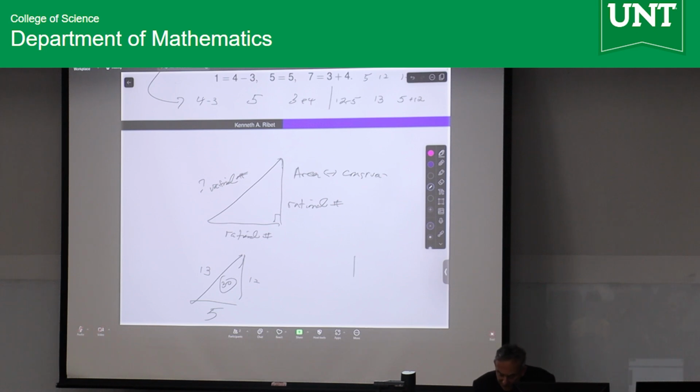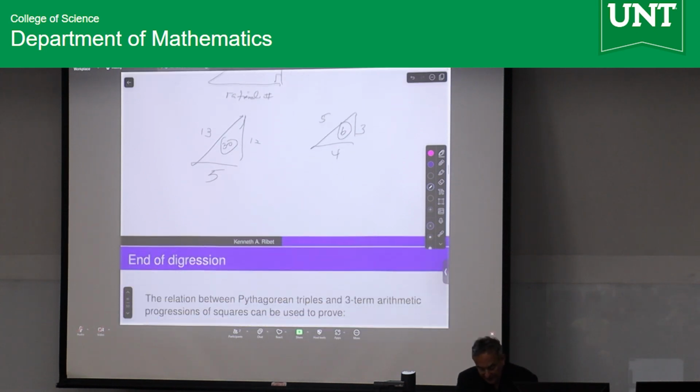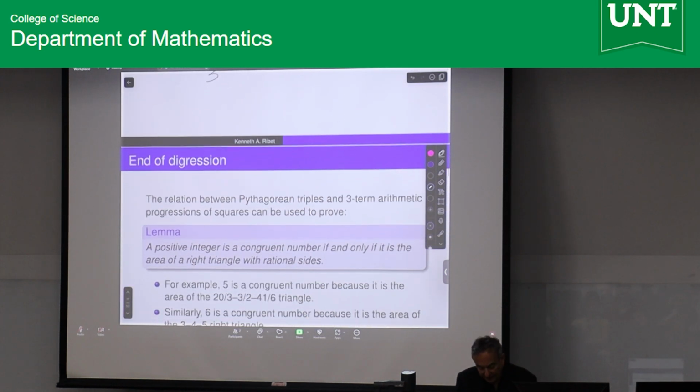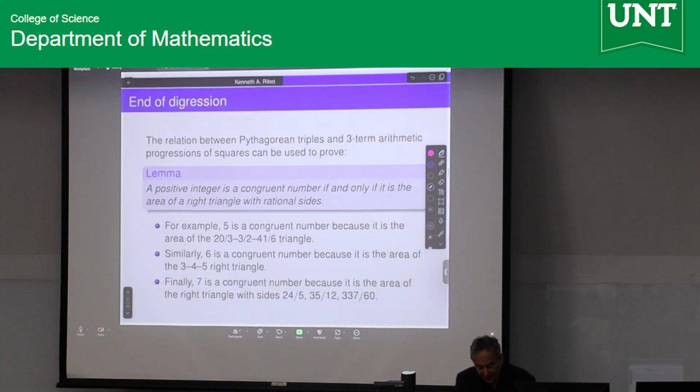If you take the 3, 4, 5 triangle, then the area is 6, and 6 is also a congruent number, as we've seen. But if you want to exhibit triangles whose areas are 5 or 7, you will have to introduce fractions, as I think we'll see in a subsequent slide. So that was the end of the digression, but it's going to come back.